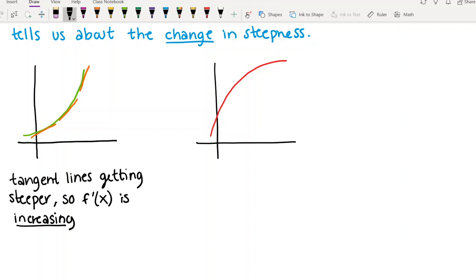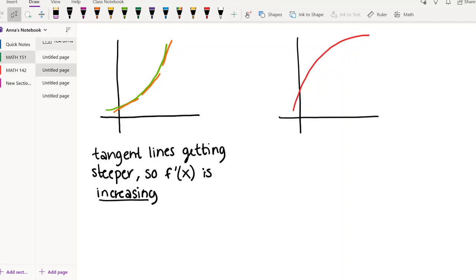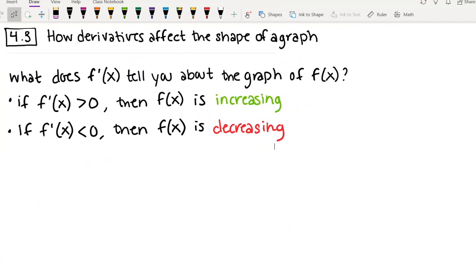So if the first derivative is increasing, what does that tell us about the second derivative? Remember, the second derivative is the derivative of the first derivative. So we can even go back to what we have here. We know that when your original function is increasing, its derivative is positive. So if the first derivative is increasing, the derivative of the first derivative is the second derivative, right?